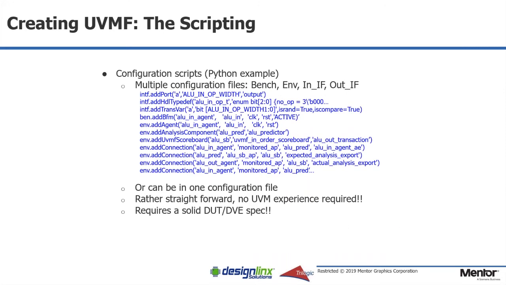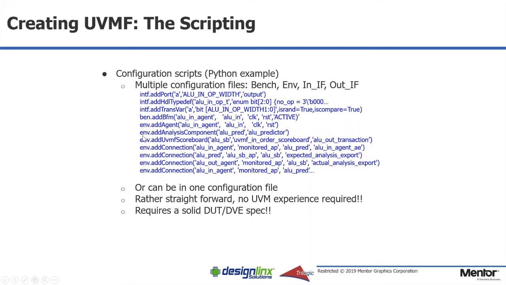This next slide shows a little bit more in depth the types of things you would see in a configuration file. But first, there are 4 different areas that you would deal with for creating these constructs, and they relate to the bench area, the environment area, an in interface, and an out interface.